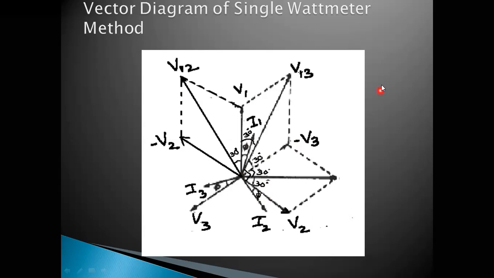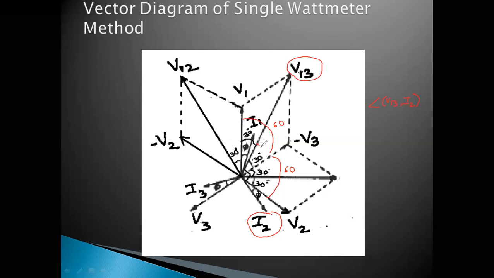Let me show you the same. This complete angle is 60. Now we want to find out the angle between V13 and I2. Where is our I2? Here is our I2. So between these two, let us go part by part.